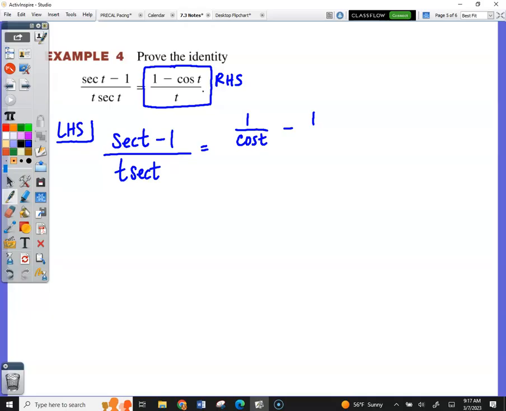Now it's in line with a fraction, so I wrote it kind of superscript so that I'll remember that this 1 is not a fraction yet, it's just plain old 1, and a big fraction bar, and then this would be T times secant, which is 1 over cosine T.